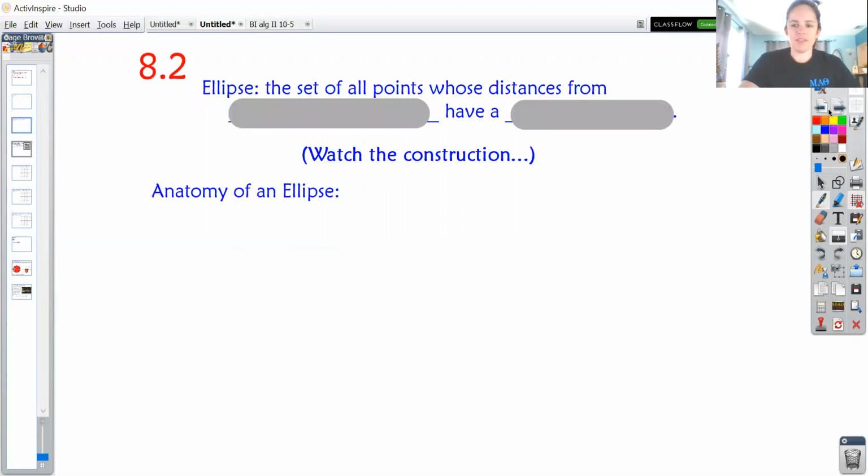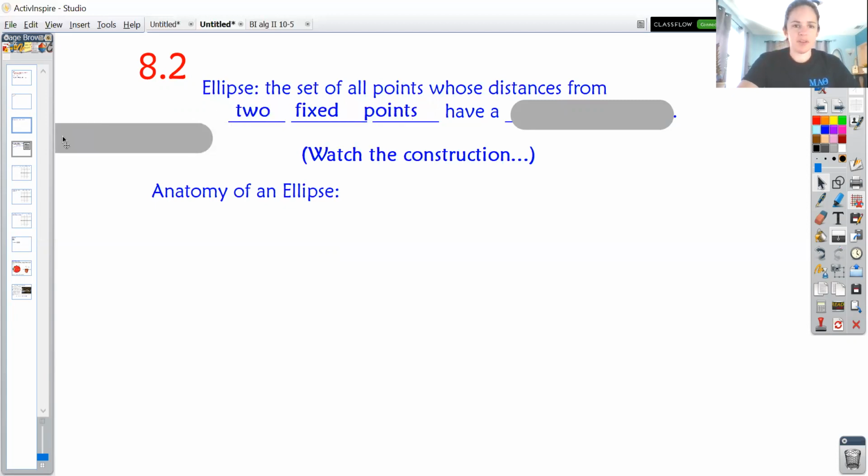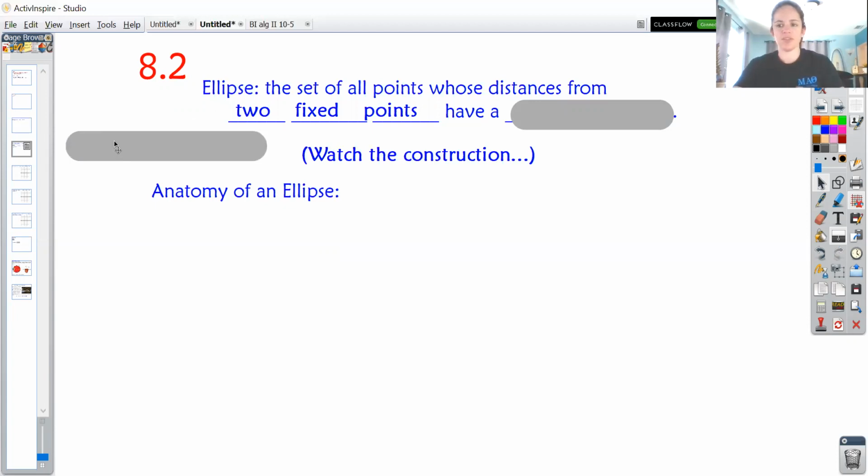So here's our definition of an ellipse, which is 8.2. An ellipse is the set of all points whose distances from two fixed points. So instead of just having the one center like a circle does, the ellipse has two fixed points. And we're fixing them, and then we're using them to focus our ellipse.